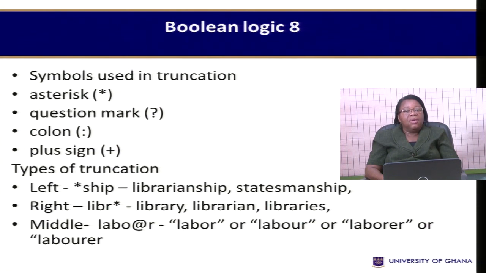For instance, you have LABO, then your truncation sign, and R. It retrieves the American spelling LABOR and the British spelling LABOUR. So it retrieves all the different spellings, either British or American, of a particular word. That is middle truncation.